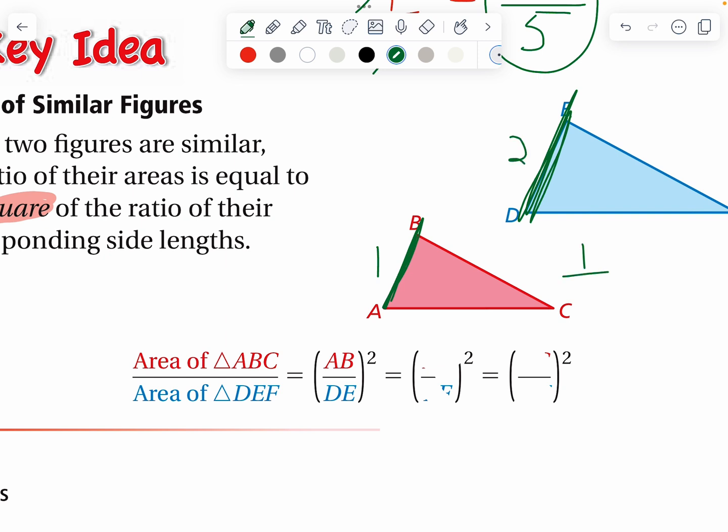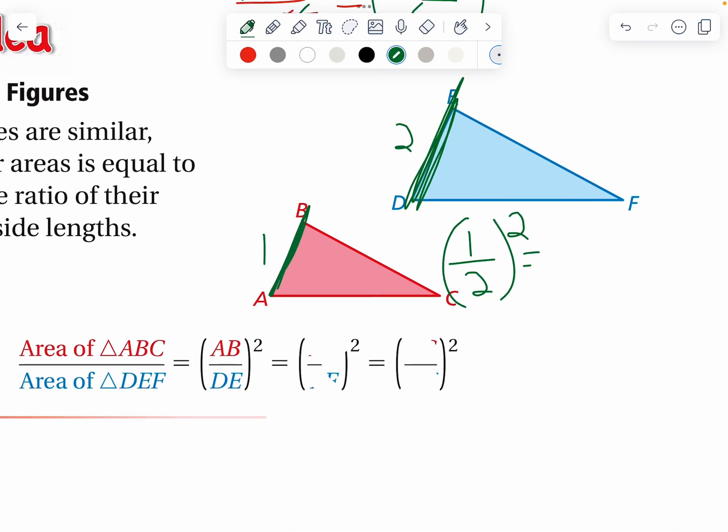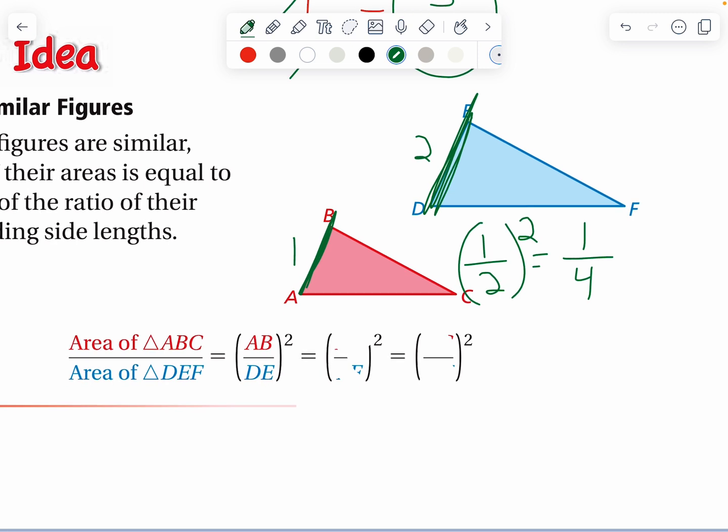It would be 1 over 2, but then you square the whole thing, okay? Well, when you square it, you would get 1 squared, which is 1 times 1, which is 1. You'd get 2 squared, which is 2 times 2, which is 4. So the ratio of the areas would be 1/4 if you're dealing with real numbers.